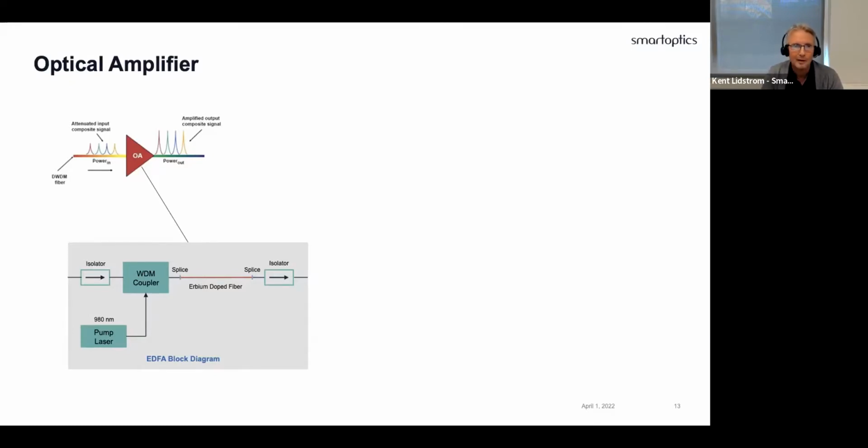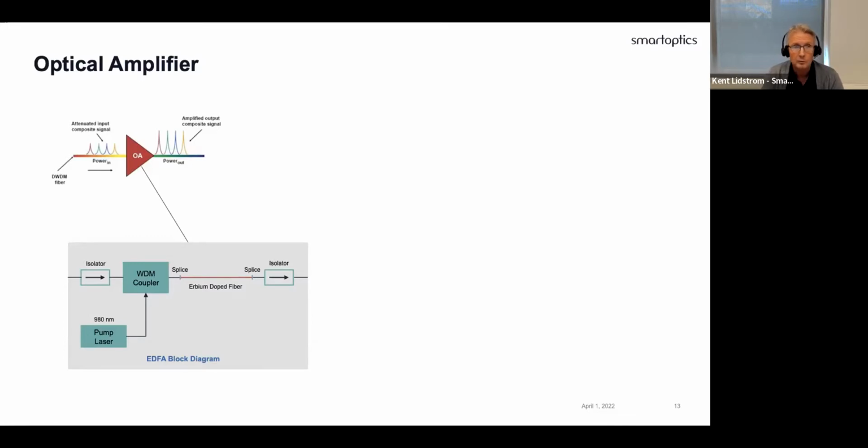The amplifier that I point to there, the red little triangle, is a block diagram below showing what an EDFA looks like. Erbium doped fiber amplifier. The light is coming in through an isolator just to direct the light. It goes through a WDM coupler, where you couple the light coming in through the isolator with light that you shoot in through a pump laser at 980 nanometer.